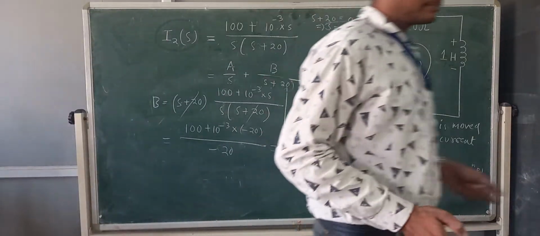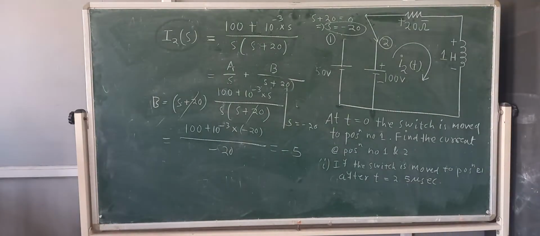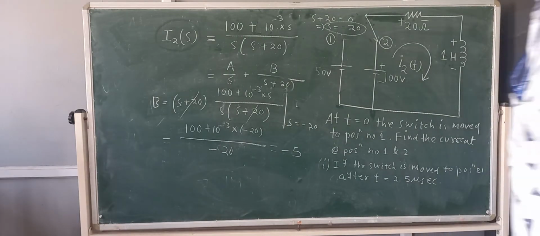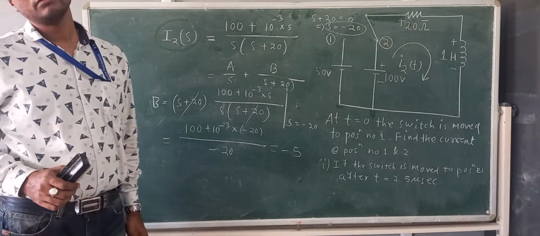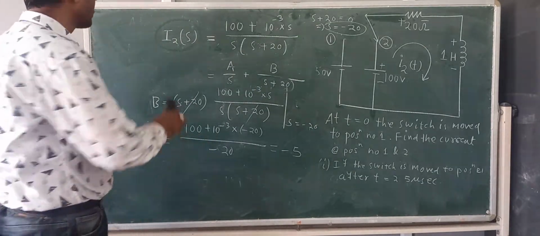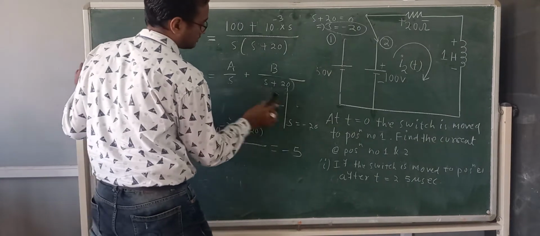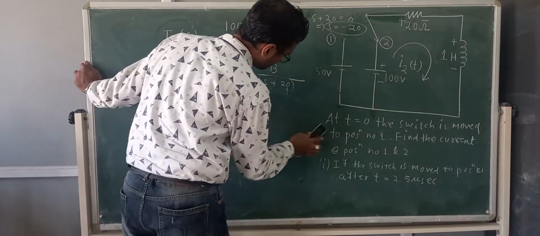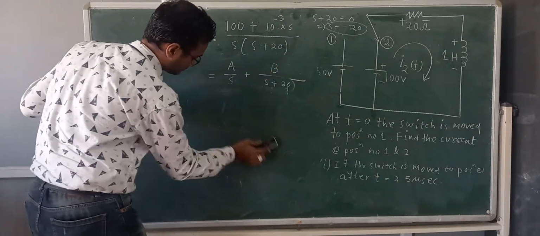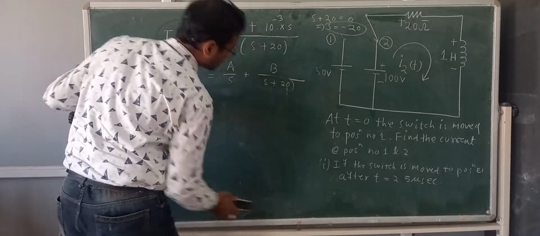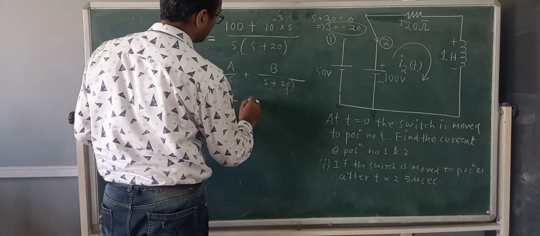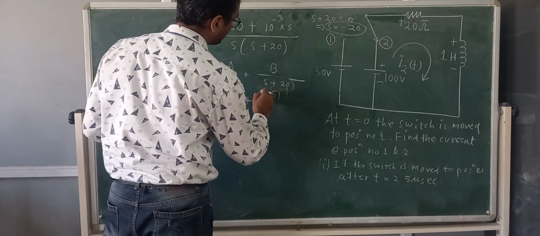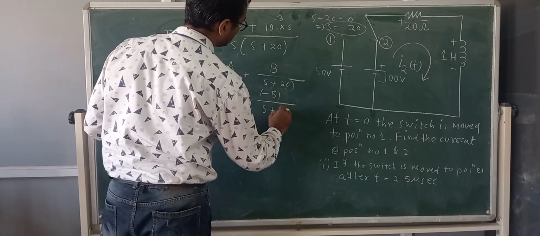Once again, a is equal to plus 5, b is equal to minus 5. So see here, I2s is equal to 5 by s plus minus 5 divided by s plus 20.